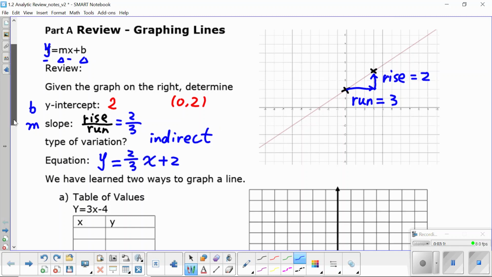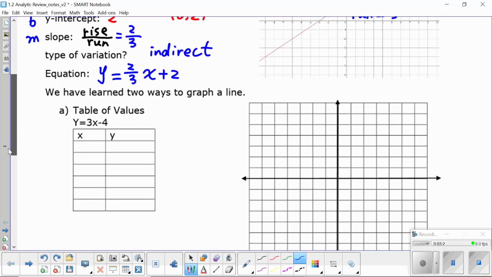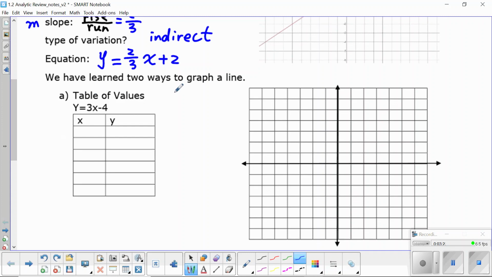Then for the next part, we are going to see how we can graph a line. We have learned two ways to graph a line. One is to use a table of values. We have x and y, and once we have an x value and a y value, we have a point on the graph, (x, y).